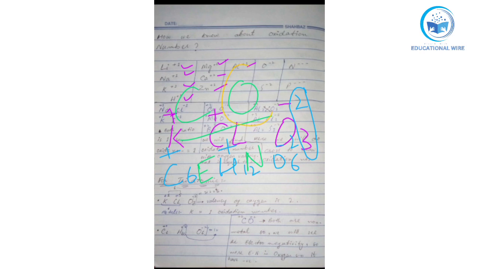The one with higher electronegativity is oxygen, so it gets a negative charge, and carbon gets a positive charge. We know the valency of oxygen is 2, so it means 2 over here. So the oxidation number of carbon and oxygen both are 2. Okay, this is the method to find the oxidation number of non-metals.